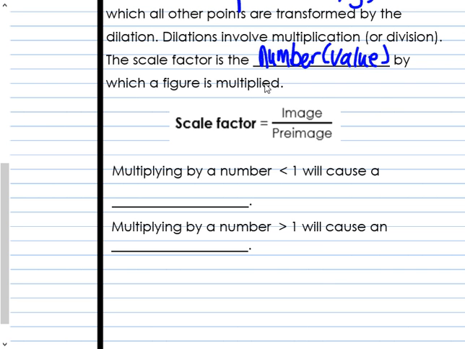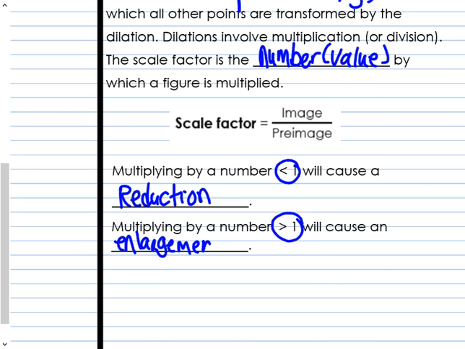And if you're multiplying your number by a number that's less than 1, it's going to cause a reduction. It's going to get smaller. By multiplying something by half, I'm going to get a smaller amount. If you're multiplying by a number that's greater than 1, you're going to have an enlargement. It's going to get bigger. And that should make sense.